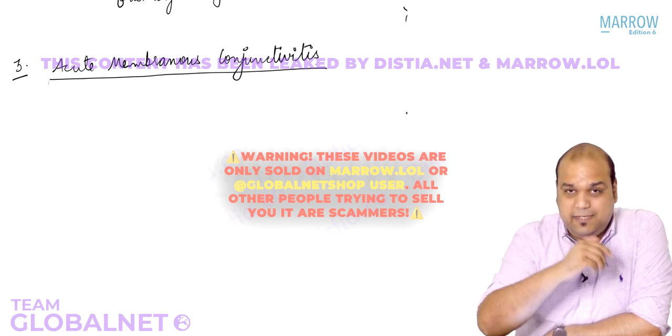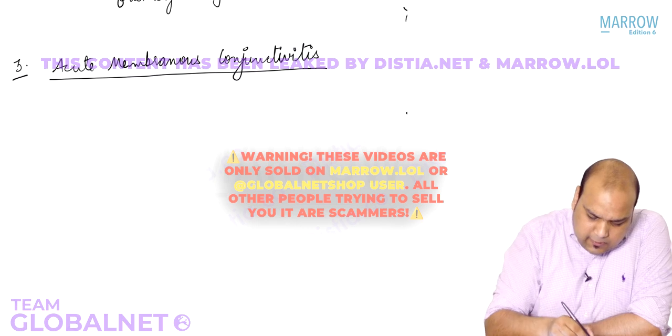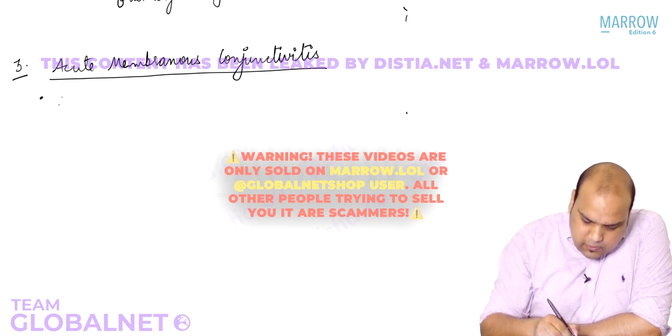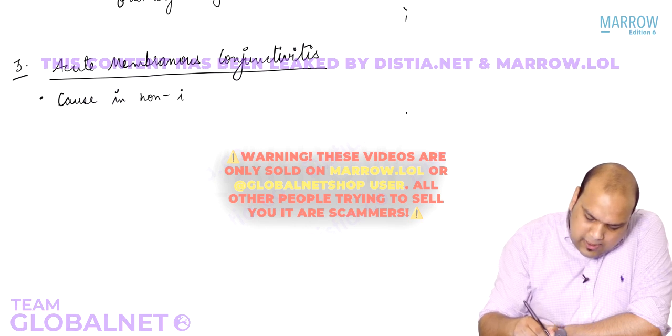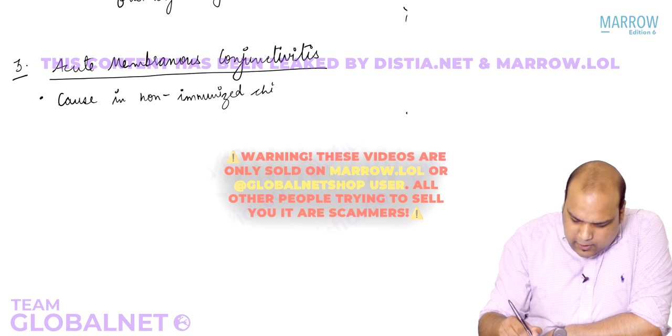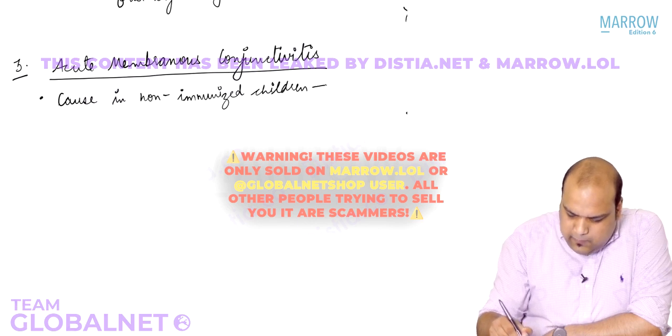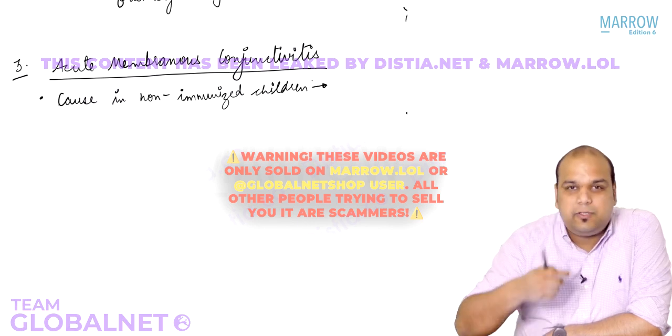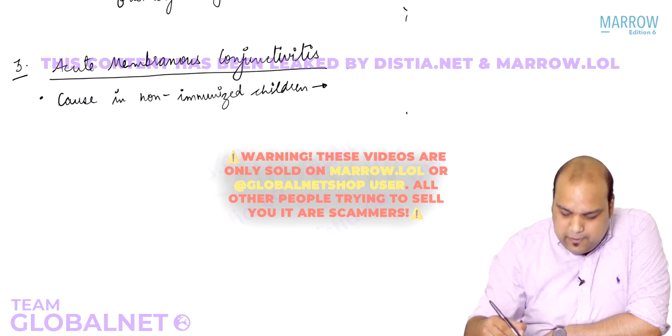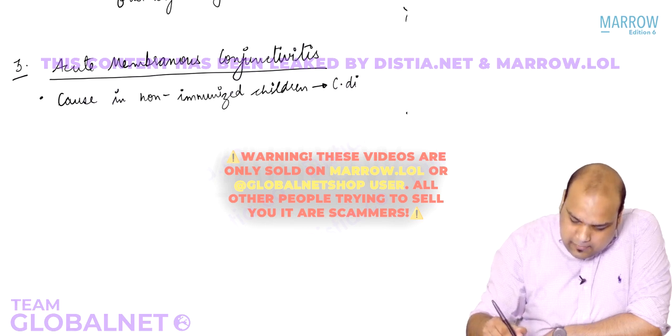But before we see the membrane, let's see the cause, everybody. The cause in non-immunized children, so kind of a historical question, since immunization these days is very good and covers almost all the children since birth, is Corynebacterium diphtheriae.